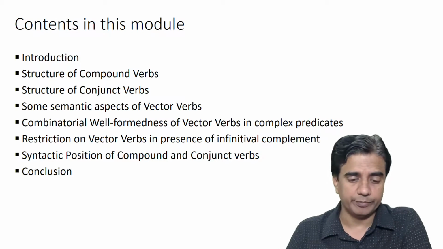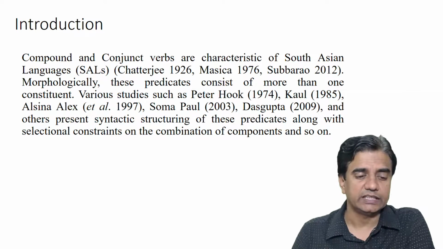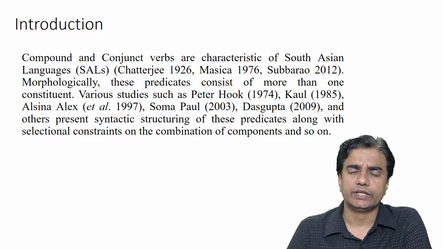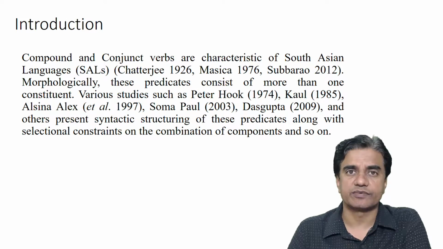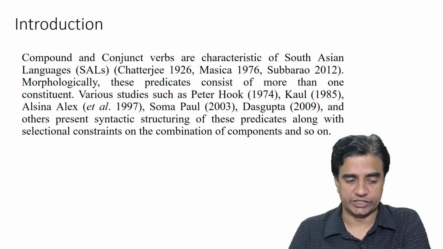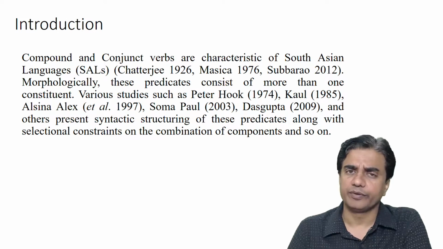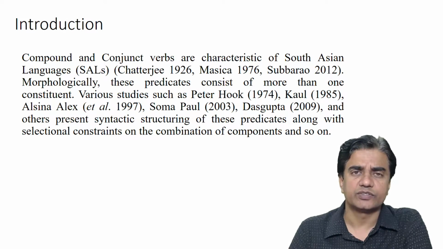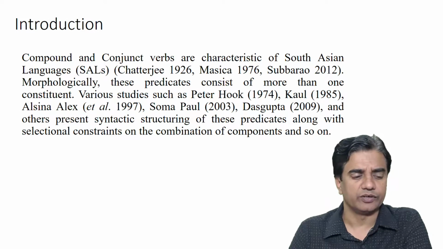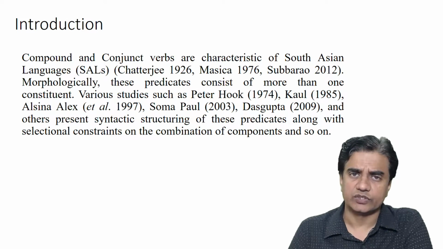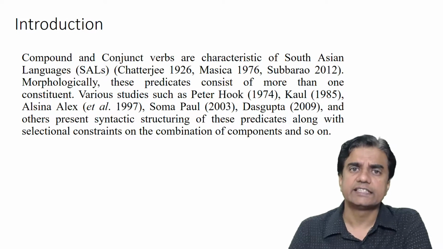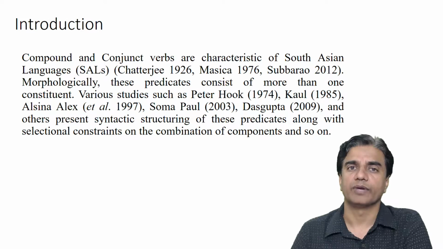So, going back, both compound verbs and conjunct verbs are typical characteristics of South Asian languages in particular. Beginning from Chatterjee to Mashika, Subbarao, Dasgupta, and several others have been interested in understanding composition of a complex predicate.